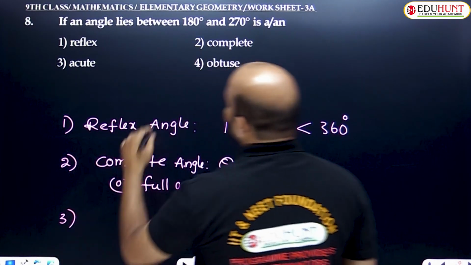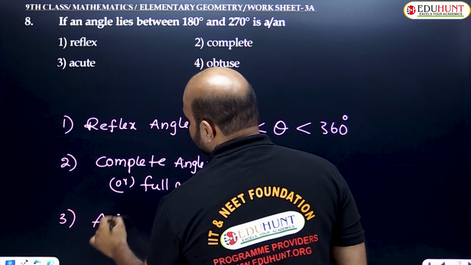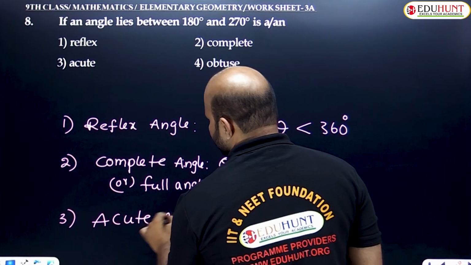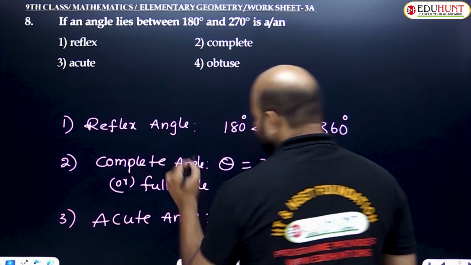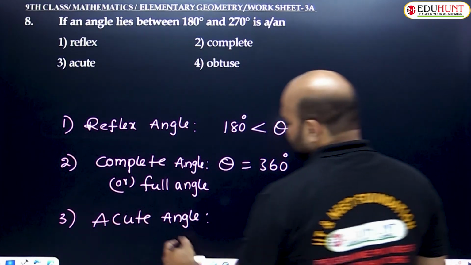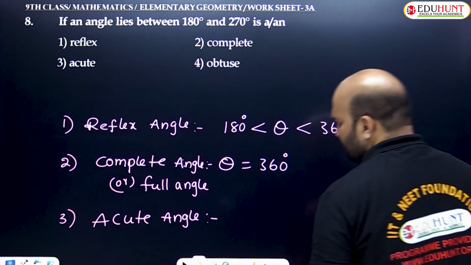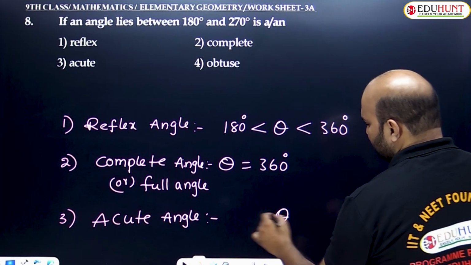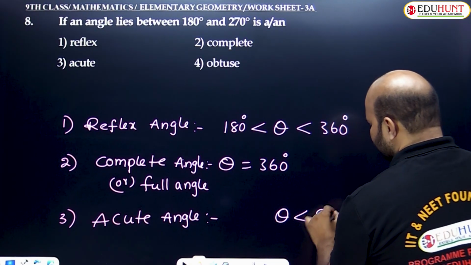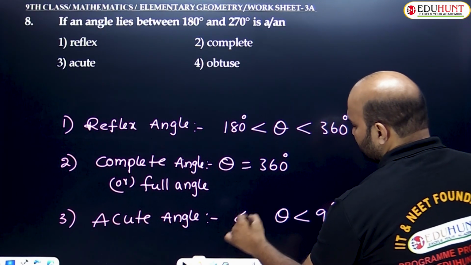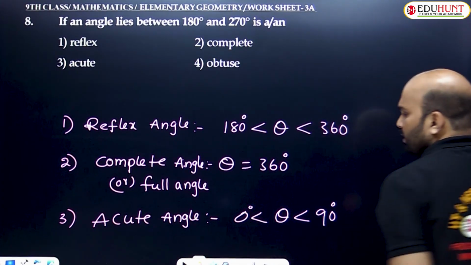So what is the third one? Acute angle. Acute angle means an angle which is less than 90 degrees. Here the theta value should be less than 90 degrees and more than 0 degrees.